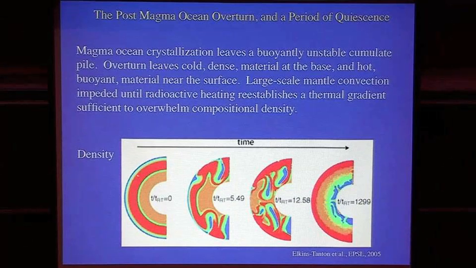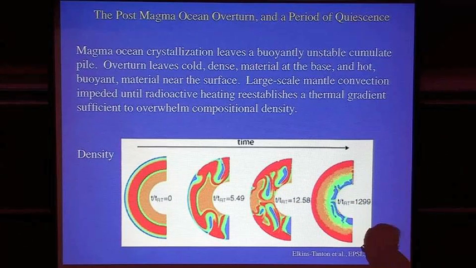It undergoes this kind of a turnover, and you end up plating out what was originally the crust at the bottom of the system, and actually this becomes a convectively stable stratification for a long time, because you have dense cold material at the bottom and hot buoyant material at the top. So it actually can take a while to overcome this kind of thing.